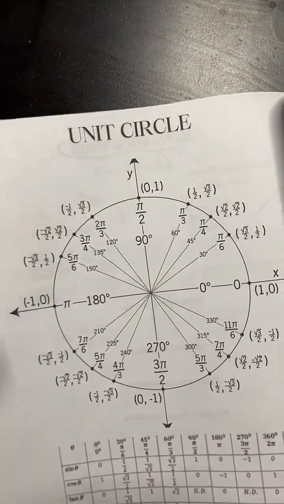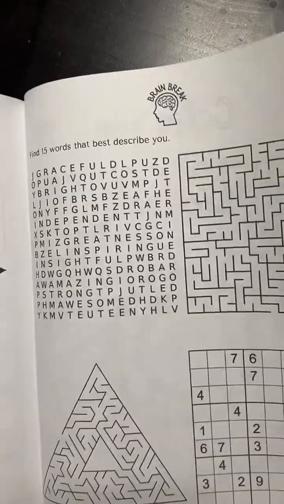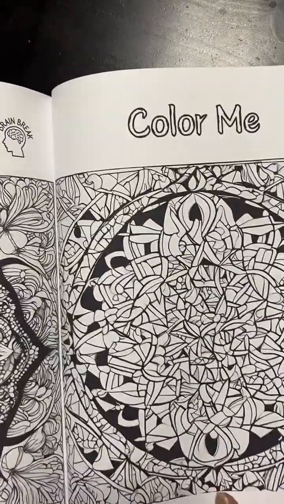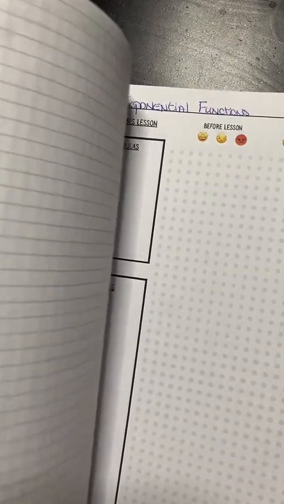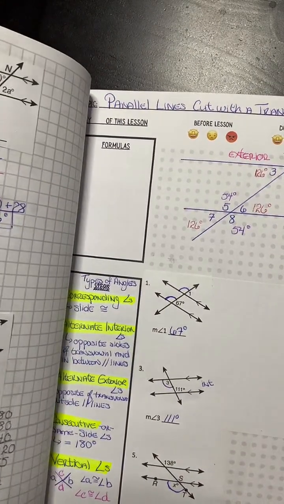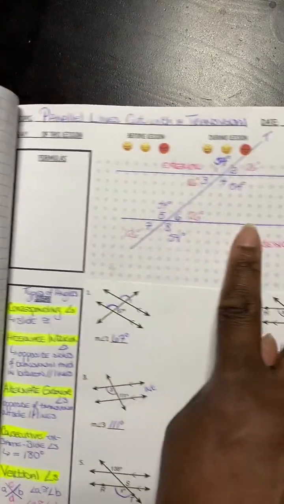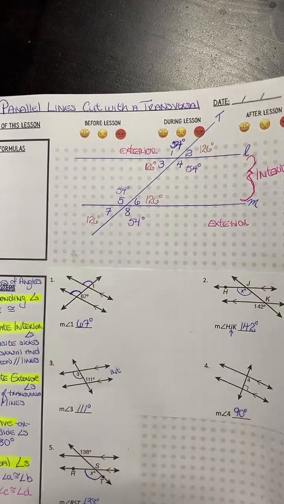And then we also have a little bit of brain breaks. Everybody needs one. I know I do. To give you some time to sketch, draw, just to help you refocus all over again. I know a lot of people say, why the dots? I like the dots because it helps my graphs look a little bit cleaner.